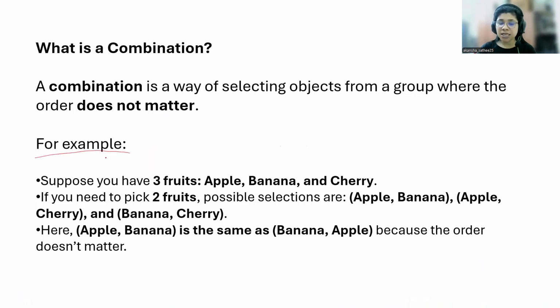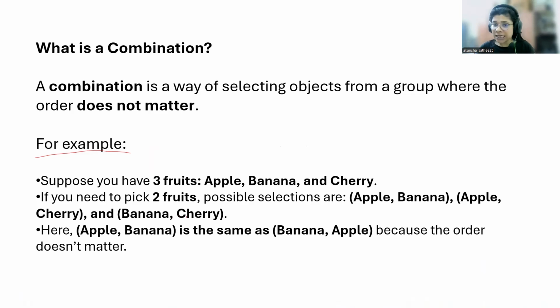Here is an example. Suppose you have three fruits: apple, banana, and cherry. Now, if you need to pick only two fruits, what are the possible combinations you have, or in how many ways can you pick two fruits? The possible options are apple and banana, apple with cherry, banana with cherry.